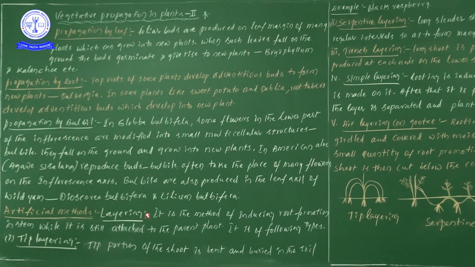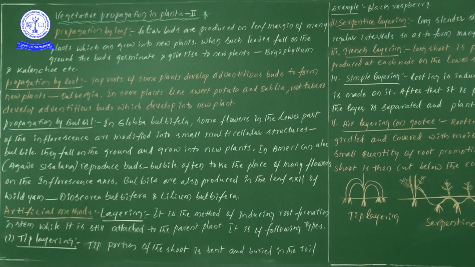In this method, root formation is induced in the stem while it is still attached to the parental plant, very easily we can understand. So in layering, we will induce the formation of roots on the stem when that particular stem is attached to the parental plant.